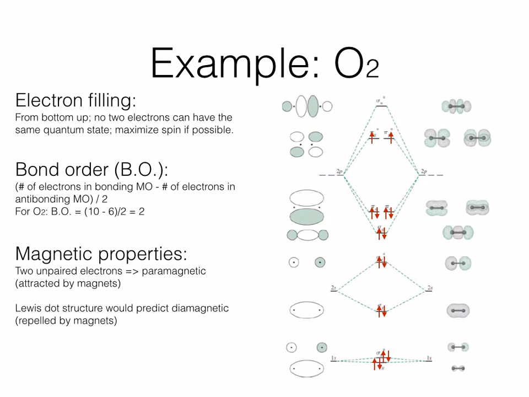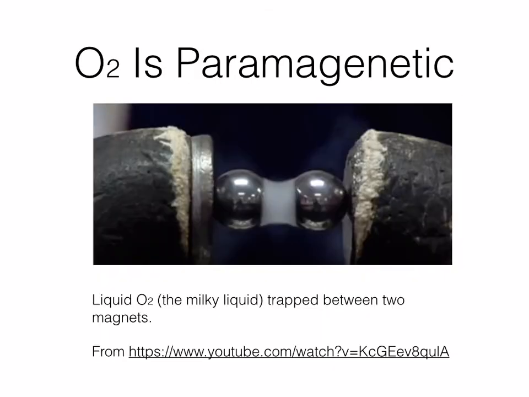This kind of structure would be so-called diamagnetic, meaning that it would be repelled by strong magnets. So this is the case where two bonding theories predict exactly the opposite things, and only one of them would be correct. Experimentally, it was found that the oxygen molecule is indeed paramagnetic.